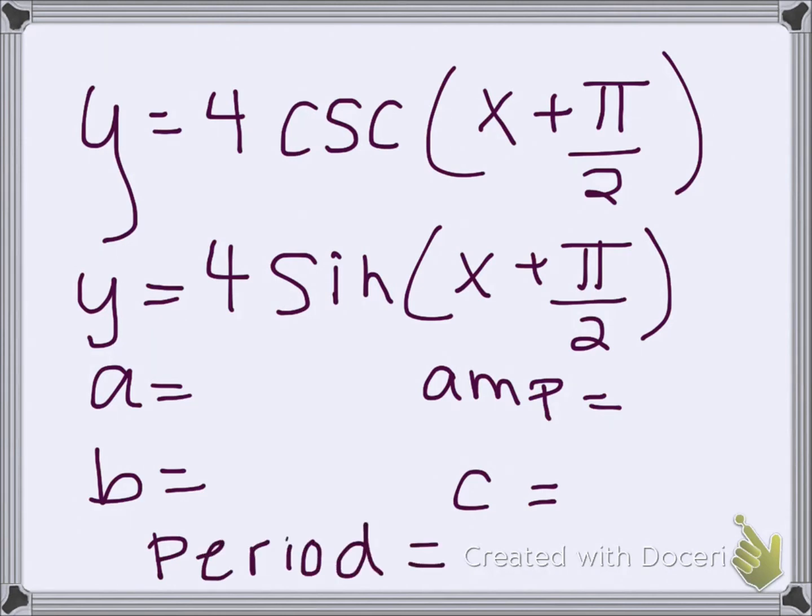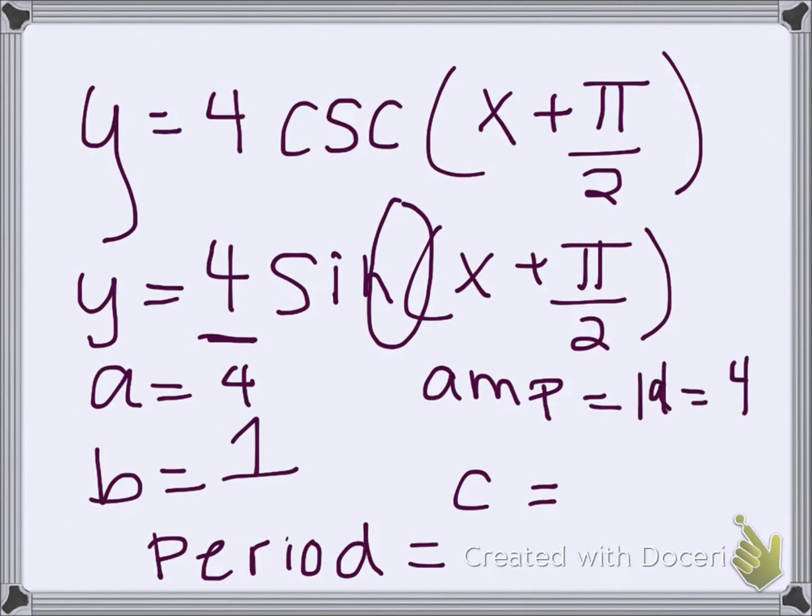Your A is always before sine, or cosine, or secant, whatever it gives you there. And the A in this case is 4. The B is always between here, so the B in this case would be 1. The amp is the absolute value of A, which is 4.